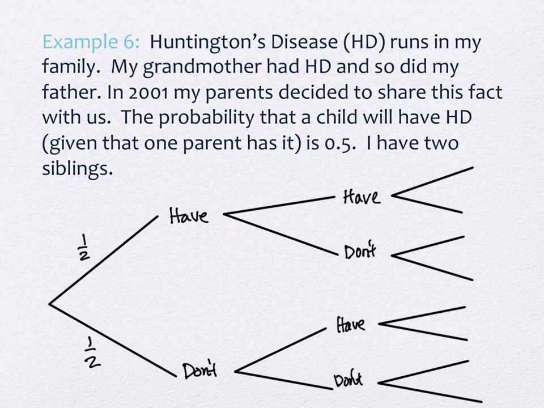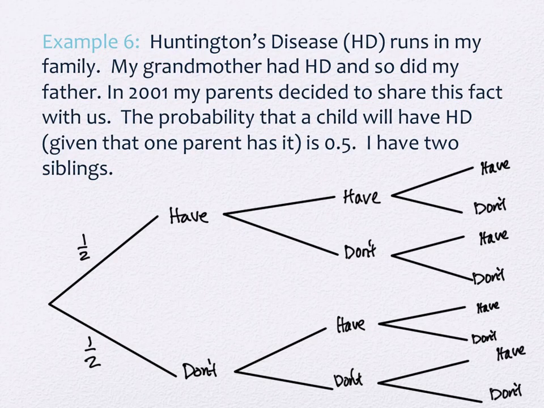And my brother has options, again, of either having it or he doesn't. And all these branches have a 1/2 probability.